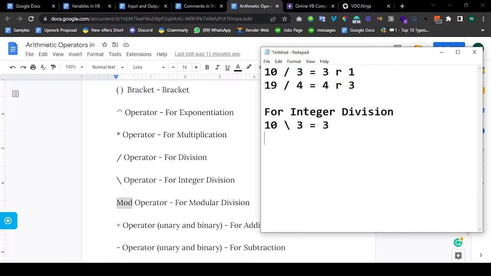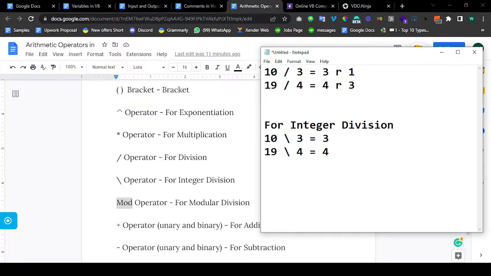On the other hand, dividing 19 by 4 is going to give me 4, because 4 times 4 is 16, you have 3 left. So this is for integer division.